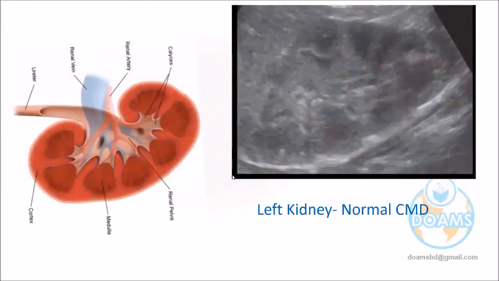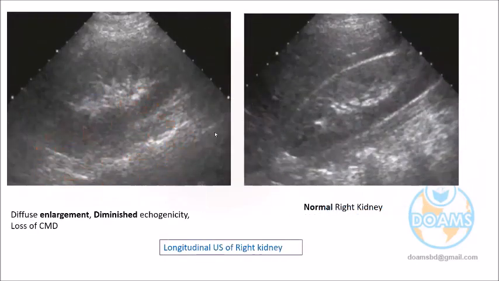Now look at this picture of one kidney. You are looking at the left kidney with normal corticomedullary differentiation. This is the cortex and this is the medulla. This is normal. In this picture, there is diffuse enlargement of the kidney and diminished echogenicity, with loss of corticomedullary differentiation, not visible.